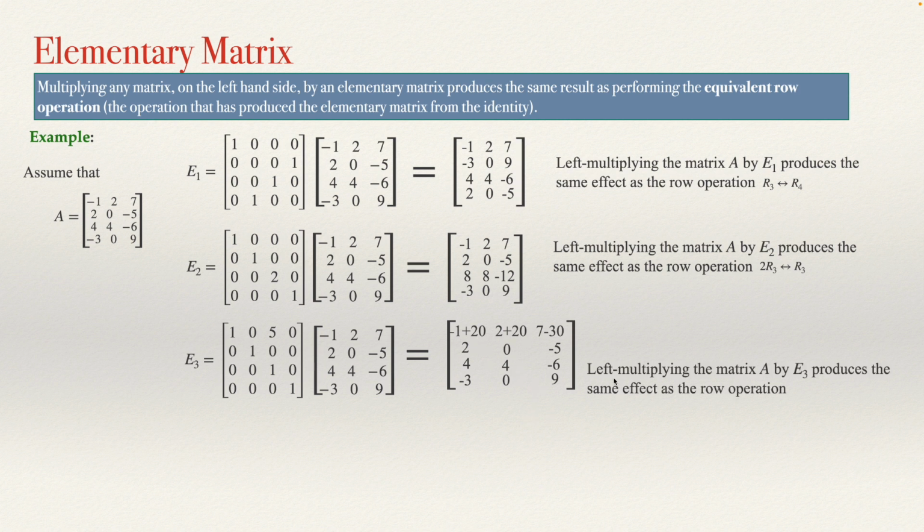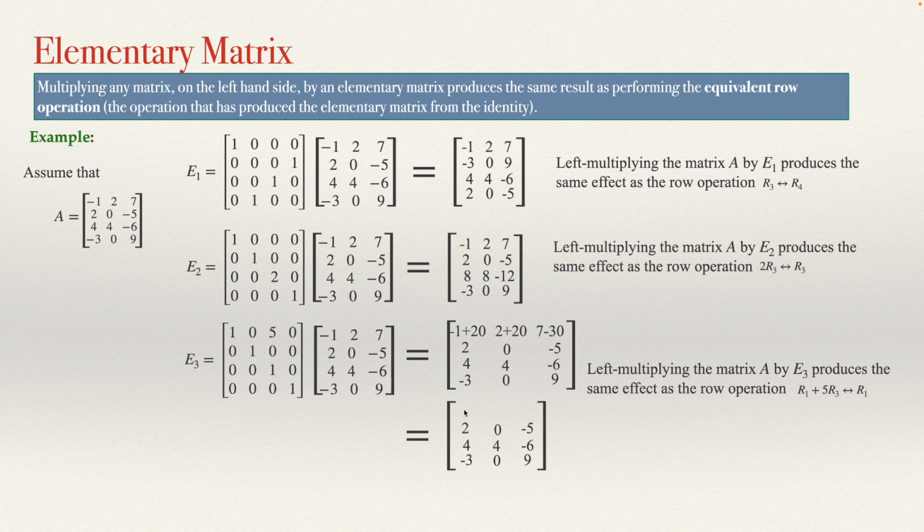But we notice that left multiplying the matrix A by E3 produces the same effect as the row operation R1 plus 5 times R3, substituting R1. Exactly the same operation that was done in the identity to get this elementary matrix.